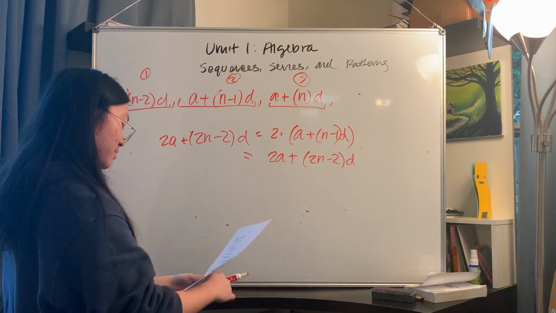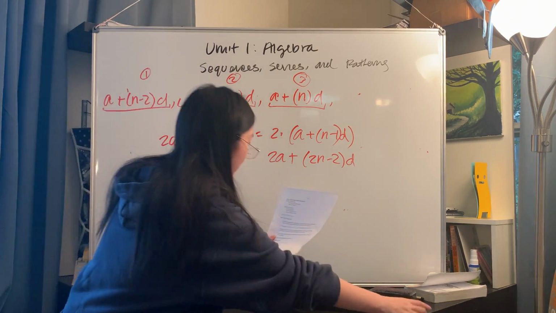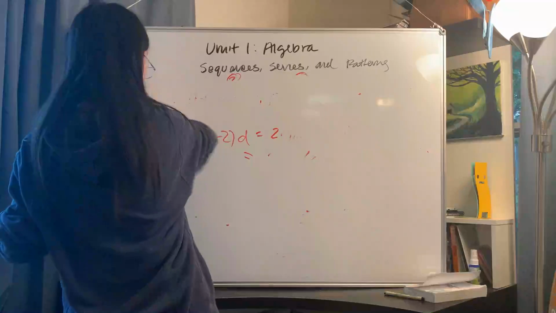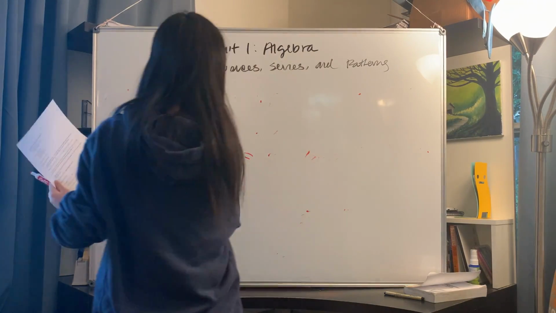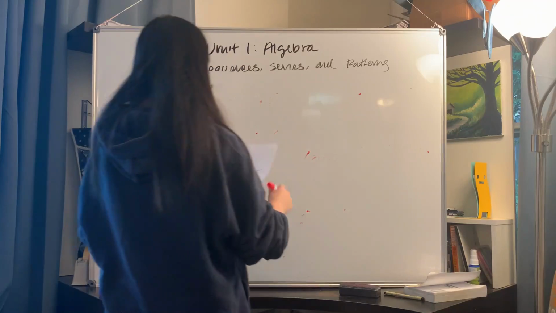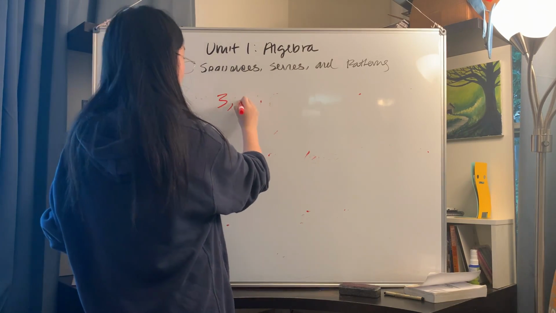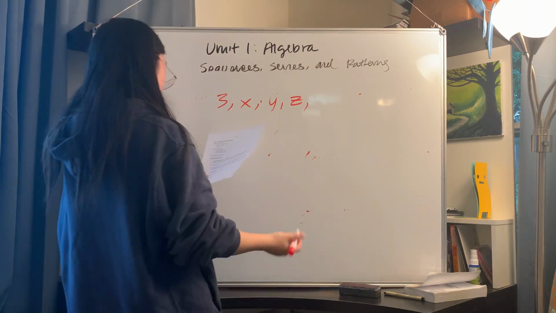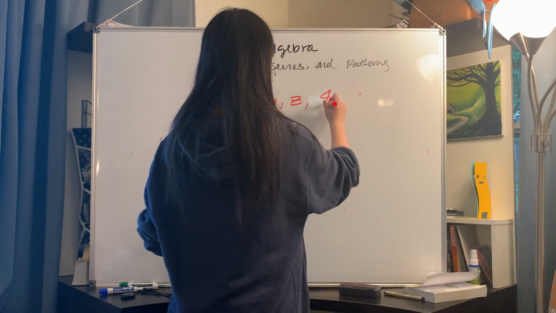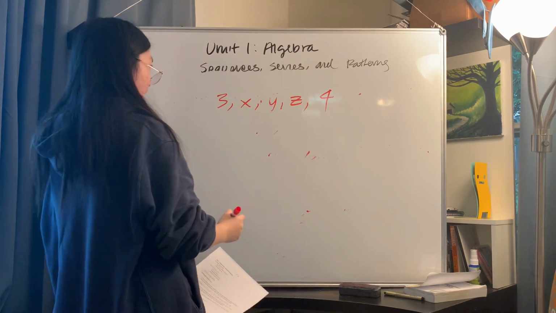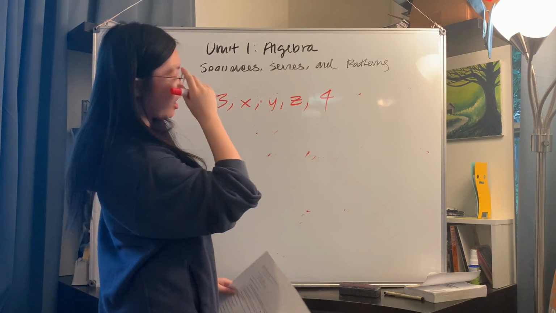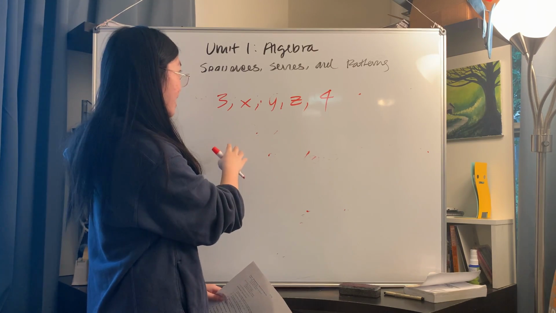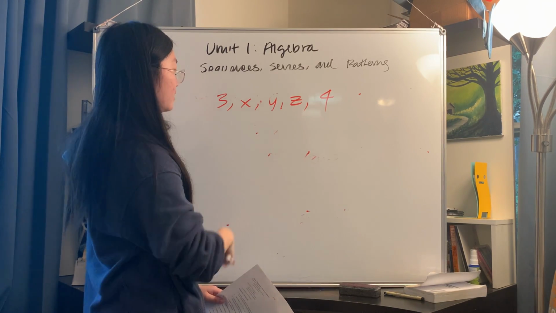So you have problems where they ask insert 3 arithmetic means between 3 and 4, and what they want you to have is a sequence like 3, x, y, z that represents those 3 arithmetic means, and 4. And they want you to find a combination of x, y, and z that makes this an arithmetic sequence.